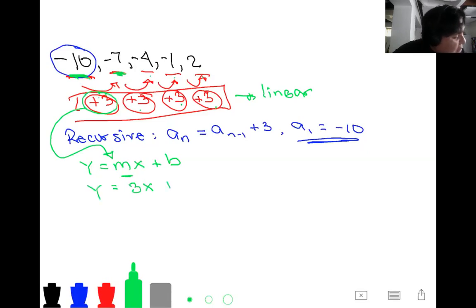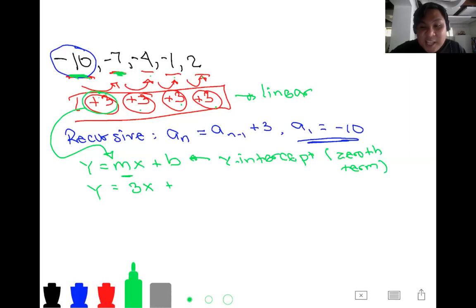Now we have to figure out b. As we've been discussing earlier, b is the y-intercept. Sometimes I refer to the y-intercept as the zeroth term. The reason I keep mentioning the zeroth term is to make a connection with this particular topic.